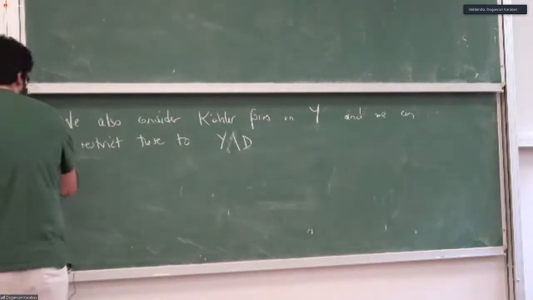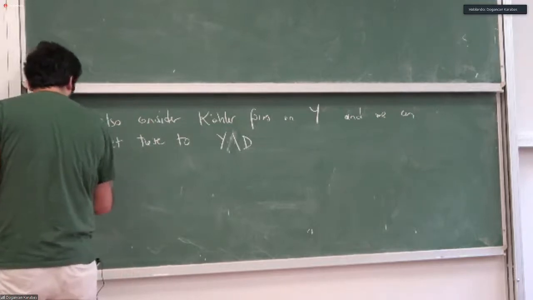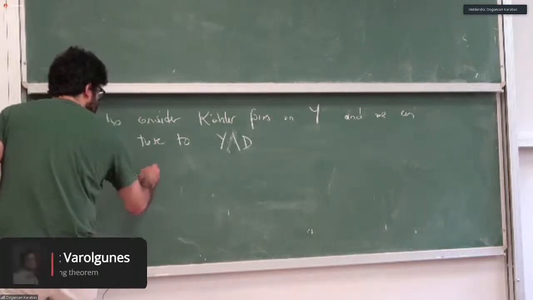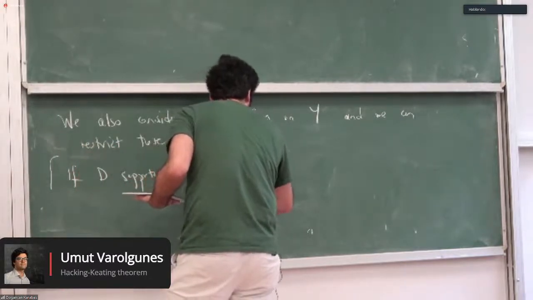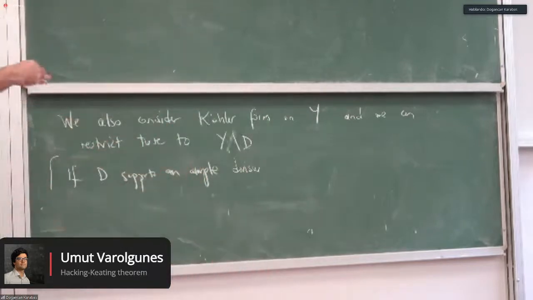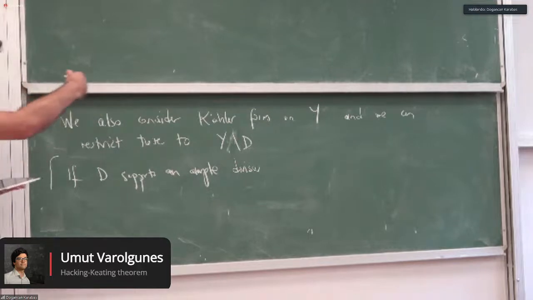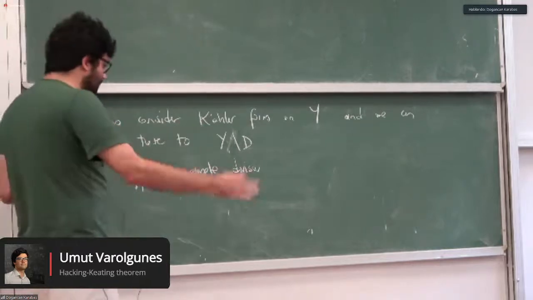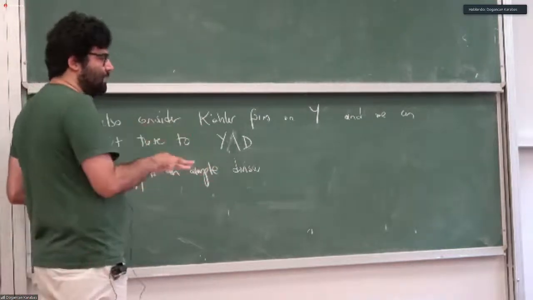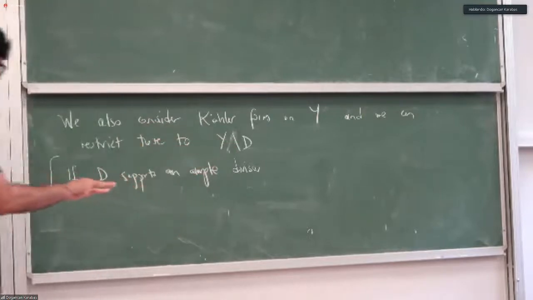One thing that I want to point out here is that if D supports an ample divisor, so there is some positive multiple, you're adding up some positive multiples of the components of this anti-canonical cycle, you can obtain an ample divisor, which means that there exists an ample line bundle which admits a section, and it only has zeros along this divisor.